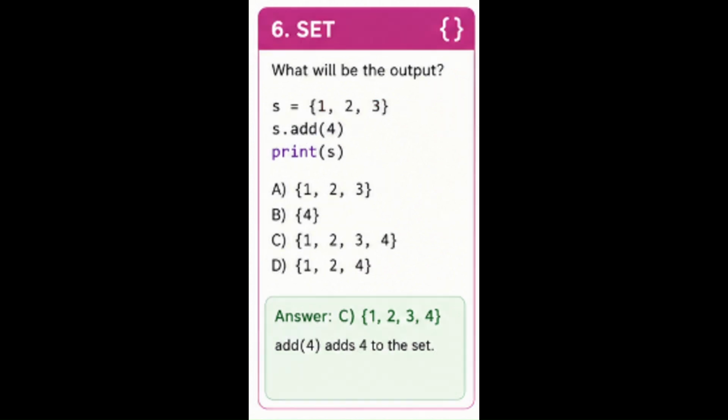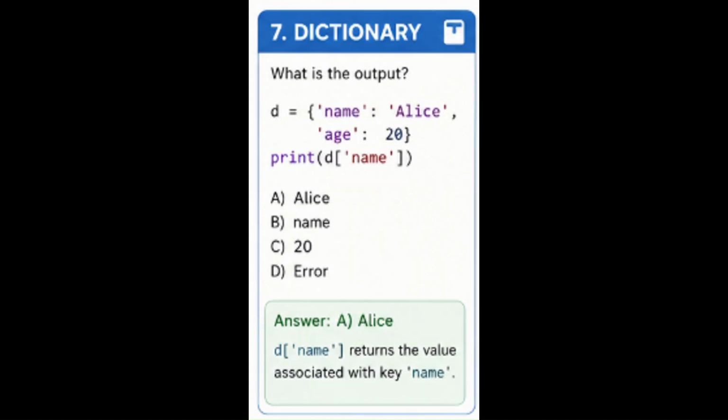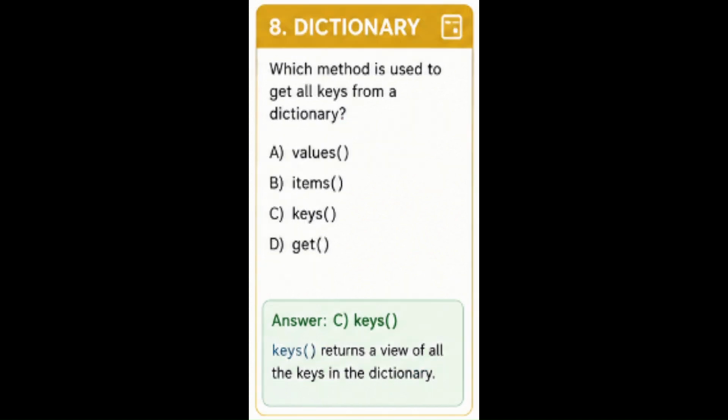What will be the output? S equal to 1, 2, 3. S dot add 4. So print S, 1, 2, 3, 4. Option C. Okay. What is the output? D equal to name Alice, age 20. Print D name. So it's going to be Alice. Okay. Which method is used to get all keys from a dictionary?